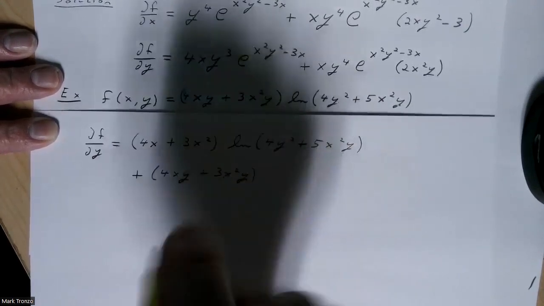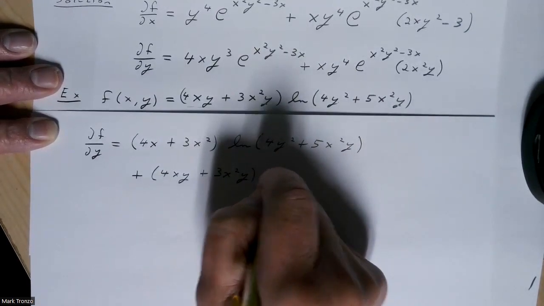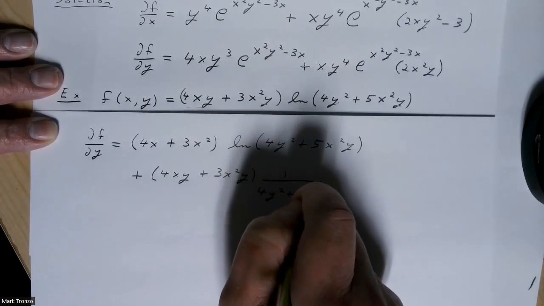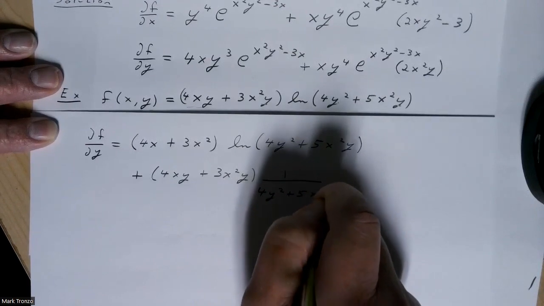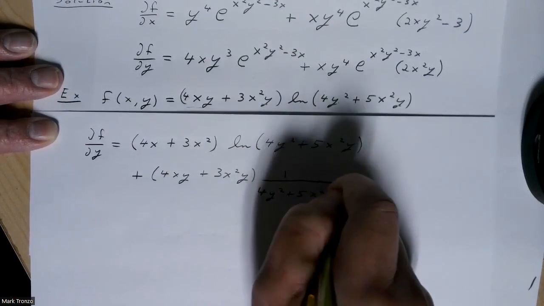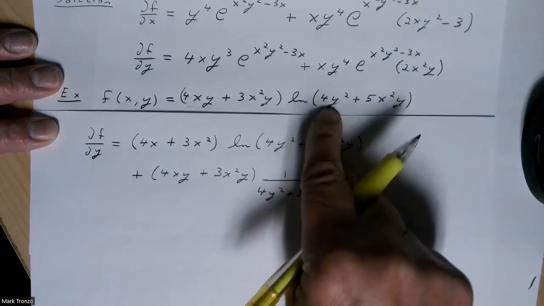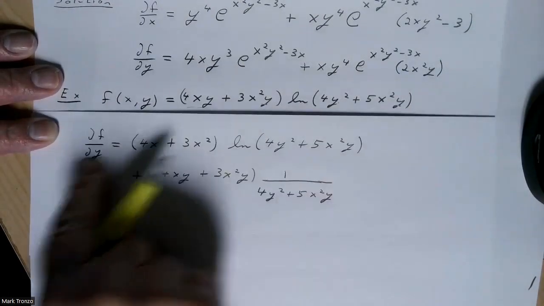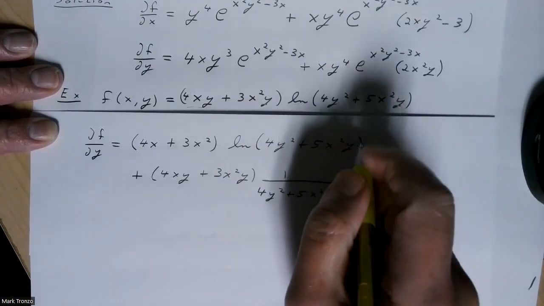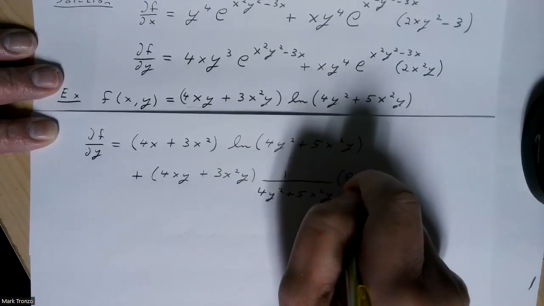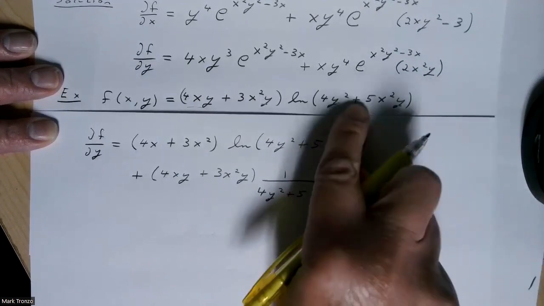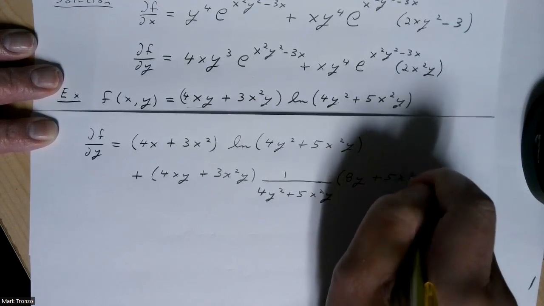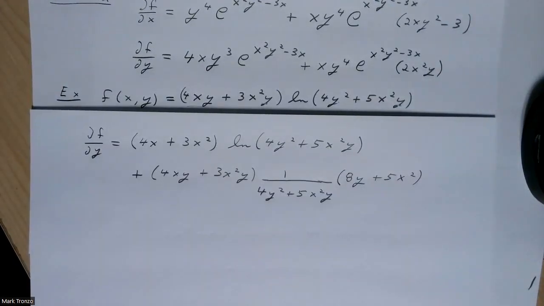Once again, it's 1 over this, one over that times the derivative of the argument, which again, with respect to y, bringing this forward, is going to be 8y plus 5x squared, like this.